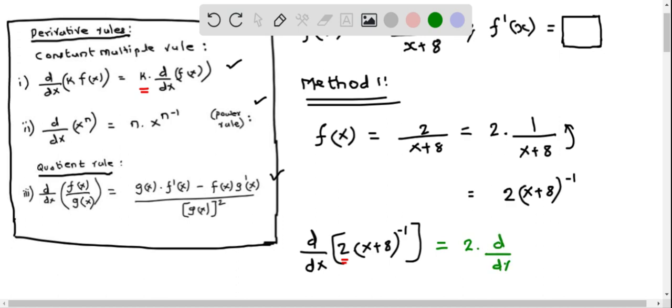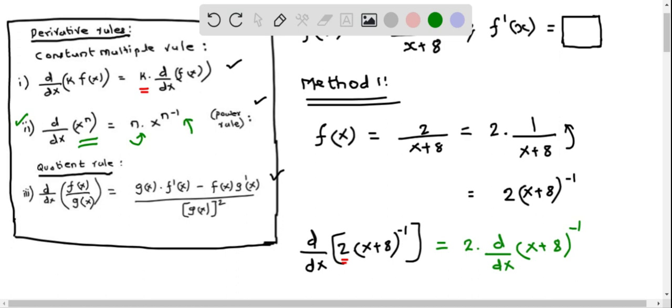And then I find the derivative of x plus 8 raised to the power of negative 1. Now I'm going to apply the power rule to find the derivative of x plus 8 raised to the power of minus 1. It says that if we have to find the derivative of x raised to the power of n, you have to multiply with n and then multiply with x raised to the power of n minus 1.